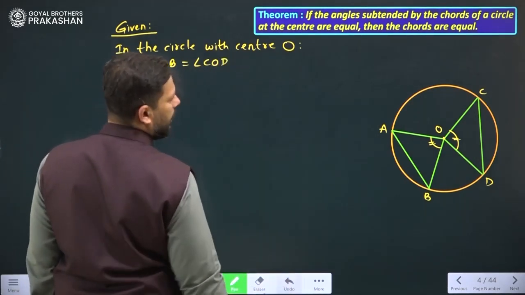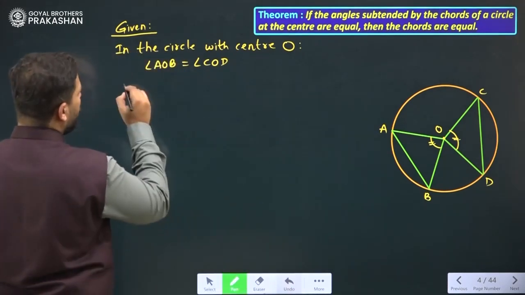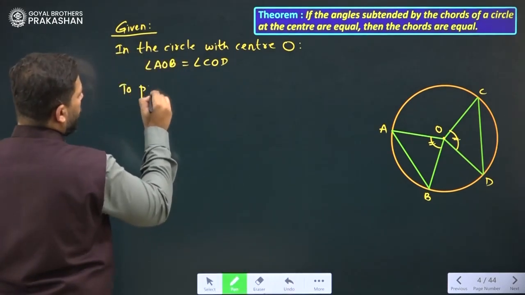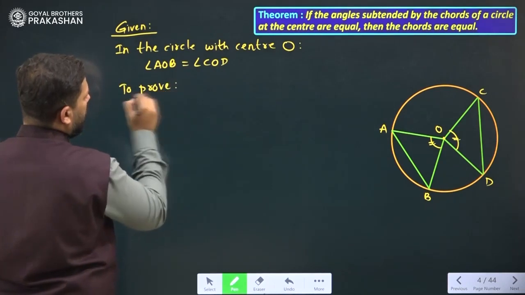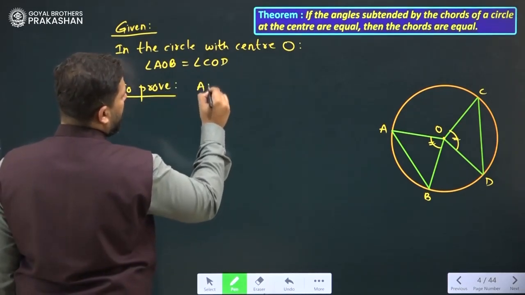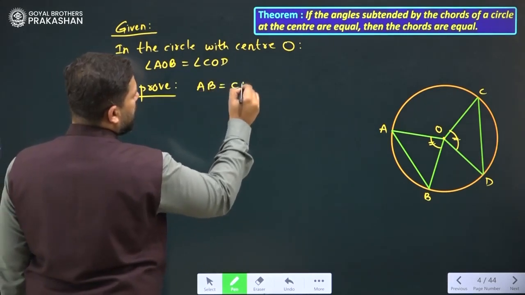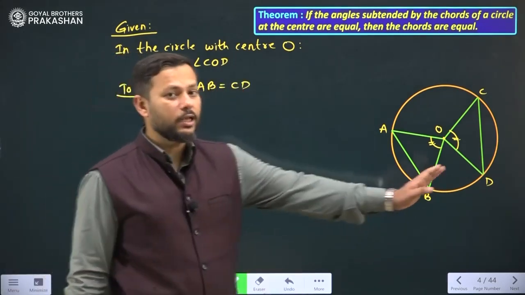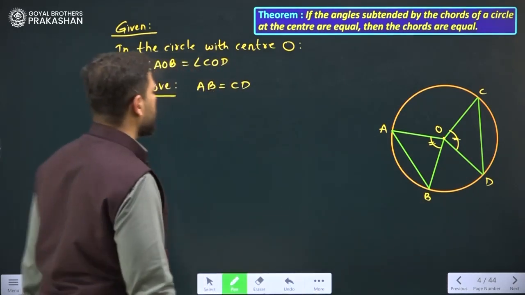Right? This is already given to us. What do we need to prove? To prove, we need to prove that AB is equal to CD. That is, both the chords are equal to each other. That is what we need to prove.